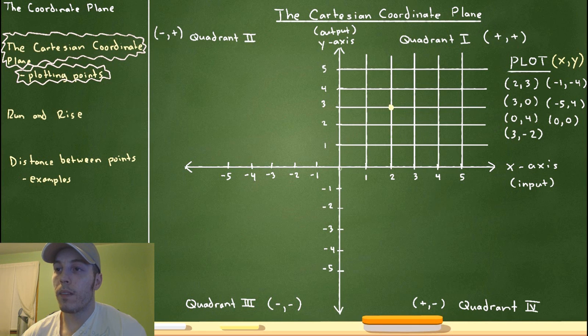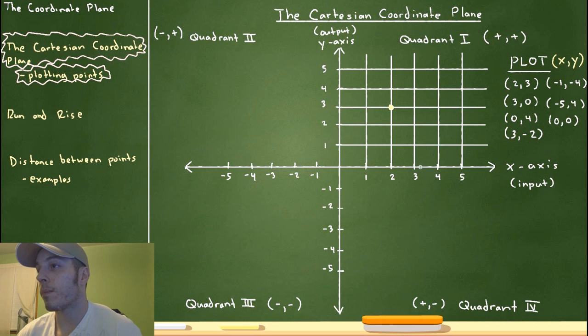Well, the y value of 0 is actually the x-axis right here. Essentially, what this coordinate is telling us to do is move right 3 and then don't move up or down any. So we move right 3 and we stop here. We don't move up or down. We just plot our point.